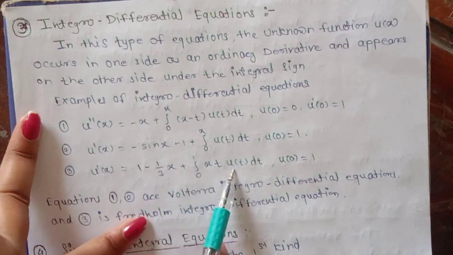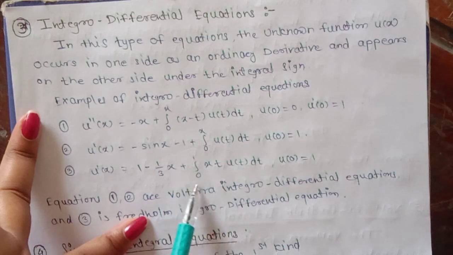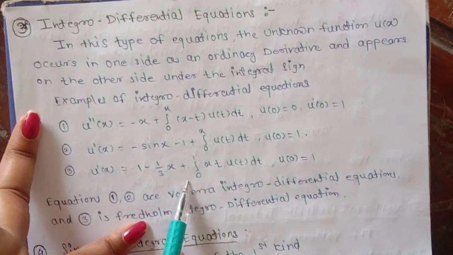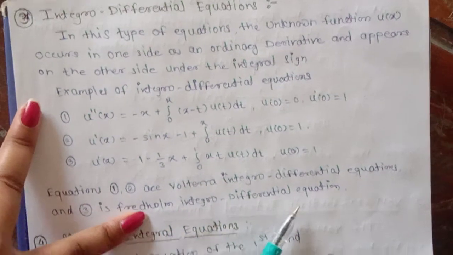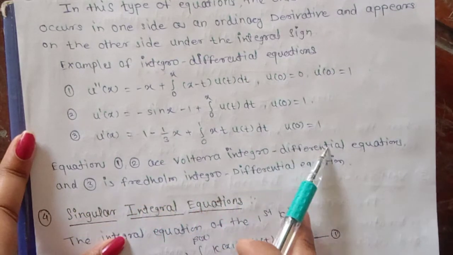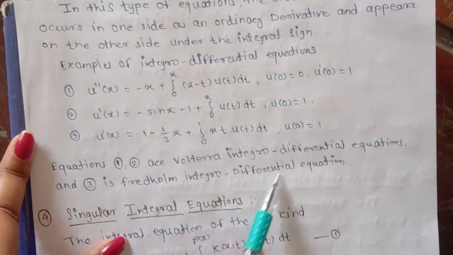So this is an integro differential equation, but here the limits of integration are 0 and 1, that is, constant limits, so this is a Fredholm integral equation and it is said to be a Fredholm integro differential equation. So equations first and second are Volterra integro differential equations and equation third is a Fredholm integro differential equation.